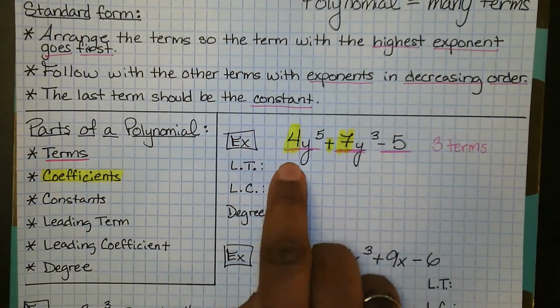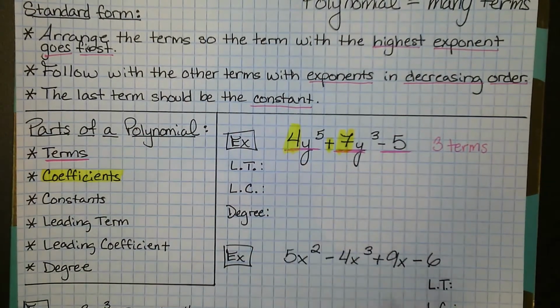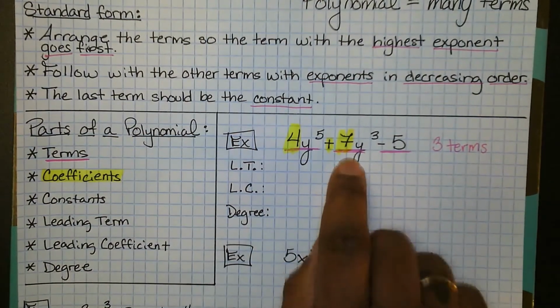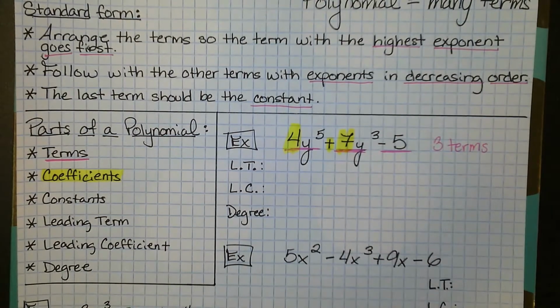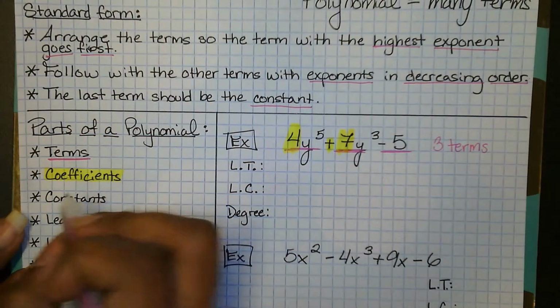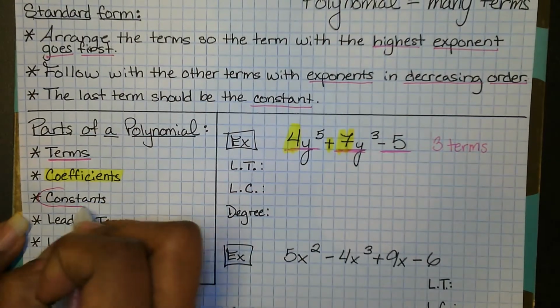So we have a 4 in front of the y, and then a +7 in front of the y. Always include the sign that's in front of the number because it belongs to that particular number. Okay, so we have 3 terms, 1, 2, 3. We've highlighted our coefficients. Now the next thing is our constant.